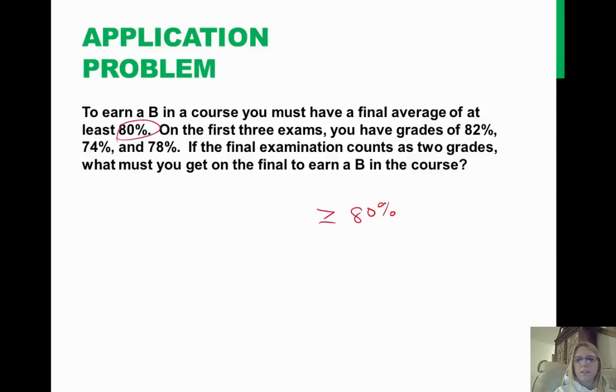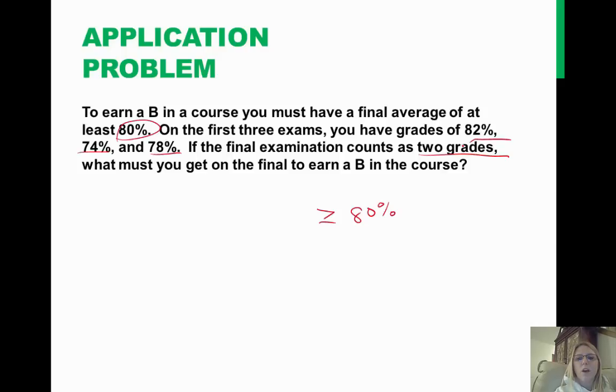On the first three exams, you have grades 82%, 74%, and 78%. If the final exam counts for 2 grades, what must you get on the final to earn a B in the course?